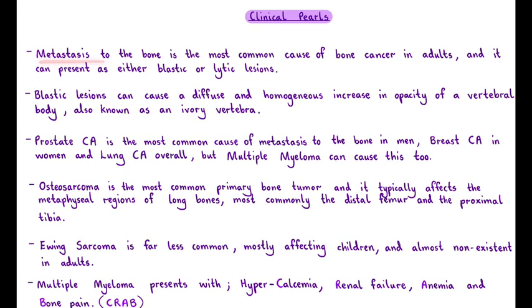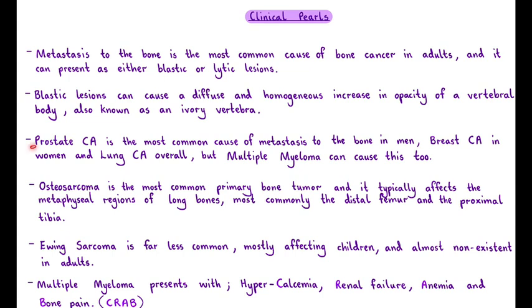Metastasis to the bone is the most common cause of bone cancer in adults, and it can present as either blastic or lytic lesions. Whenever an adult has bone cancer, it's most likely due to metastasis from another primary cancer.